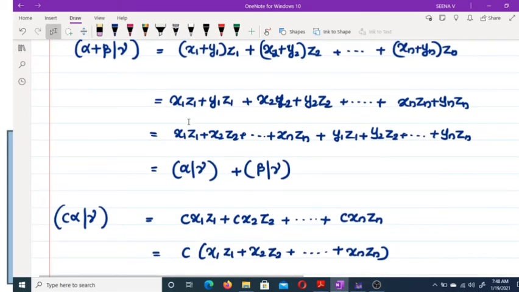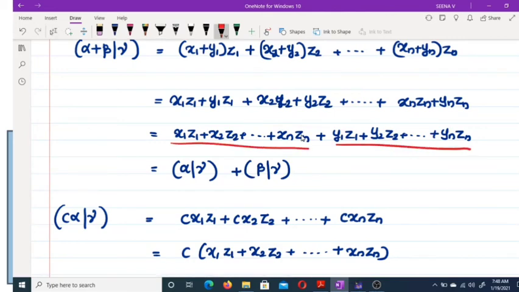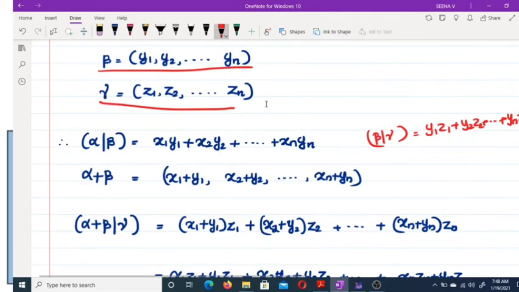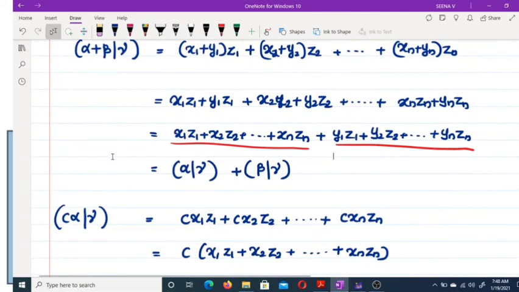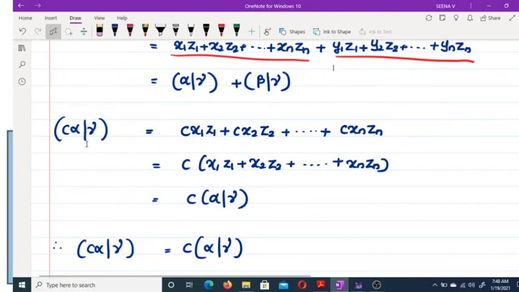If you take the terms containing the xi's, and then the terms containing the yi's, we get the inner product of alpha and gamma plus the inner product of beta and gamma. This one is the inner product of alpha and gamma, and this is the inner product of beta and gamma. Now the inner product of c alpha and gamma.